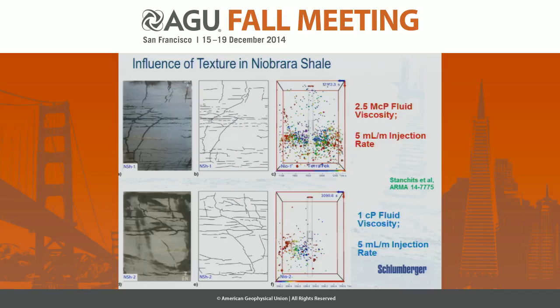In the case of shale samples, two examples are demonstrated in the next slide. On the upper part of the slide are results obtained with high viscosity fluid injection, and in the lower part with water injection. The photos of the surface of the blocks before the test are shown in the left part, demonstrating the complicated rock fabric of the shale.